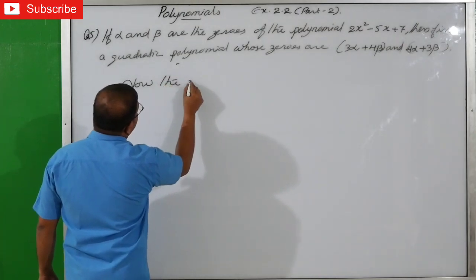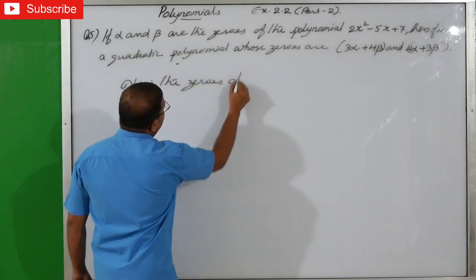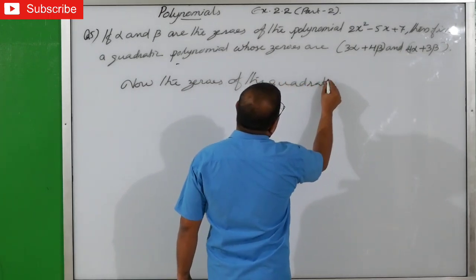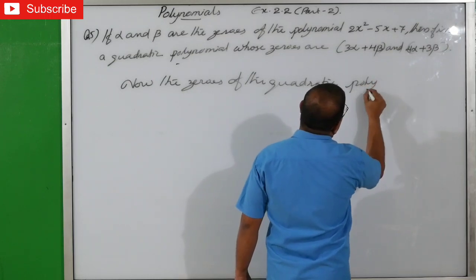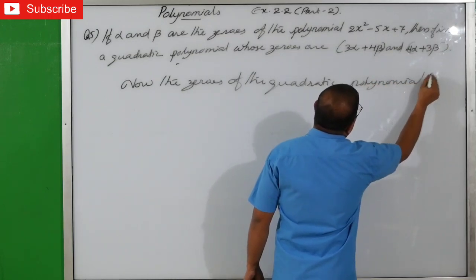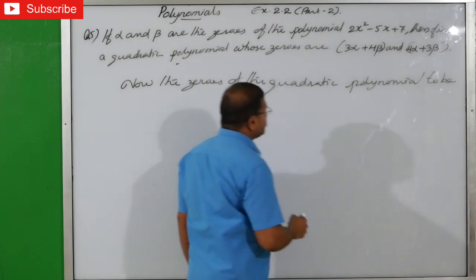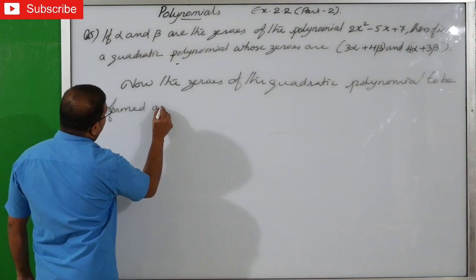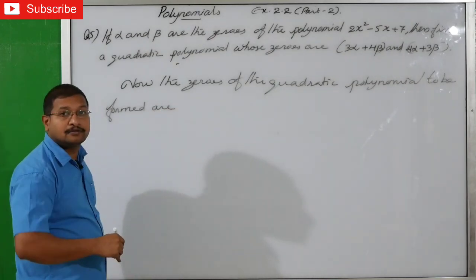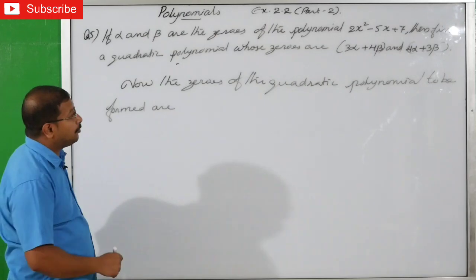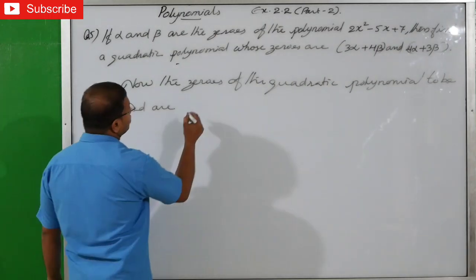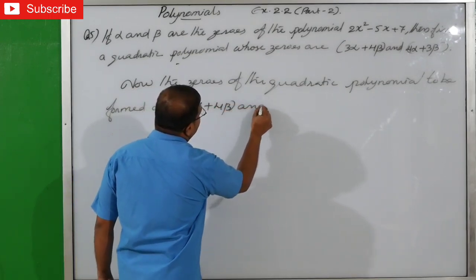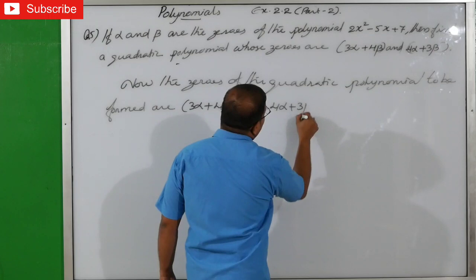Now the zeros of the quadratic polynomial to be formed are 3 alpha plus 4 beta and 4 alpha plus 3 beta.